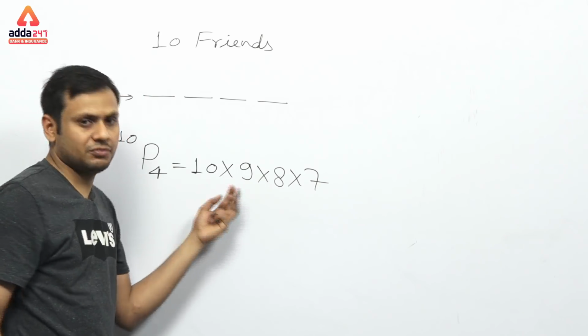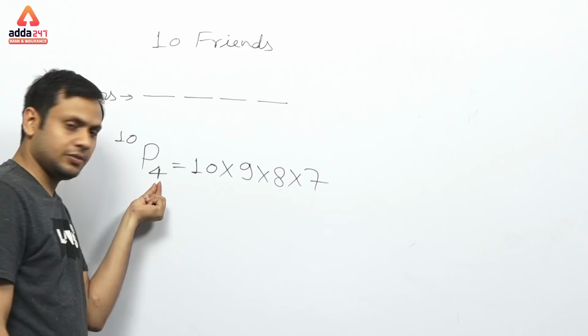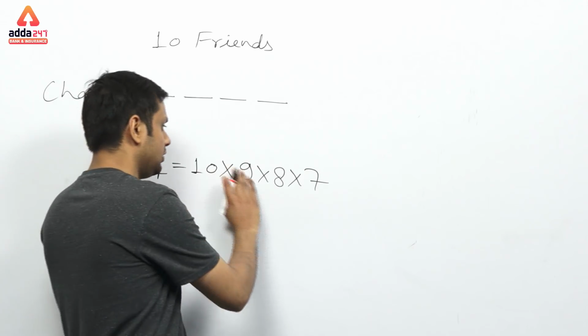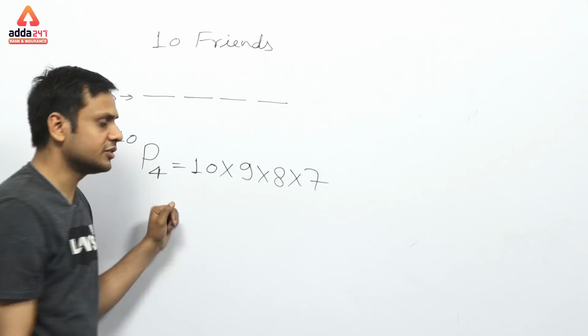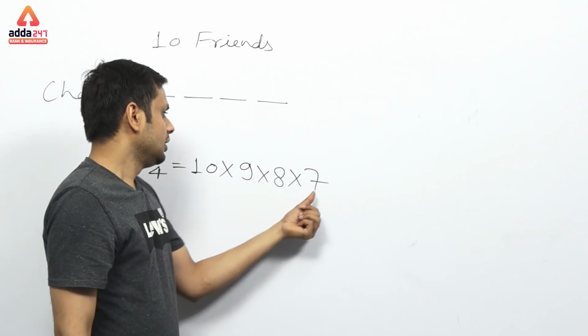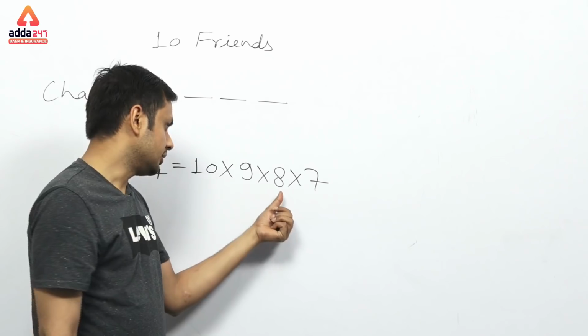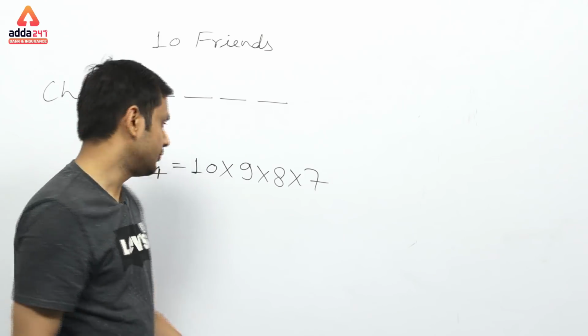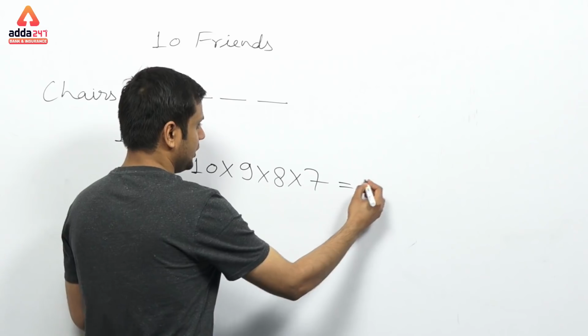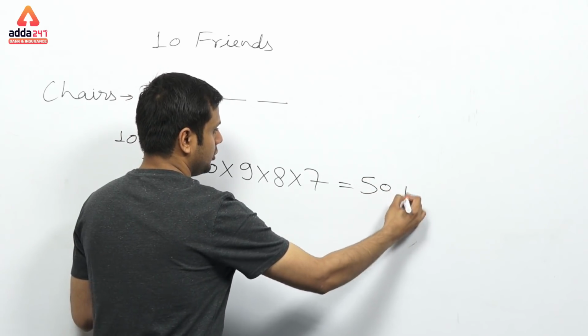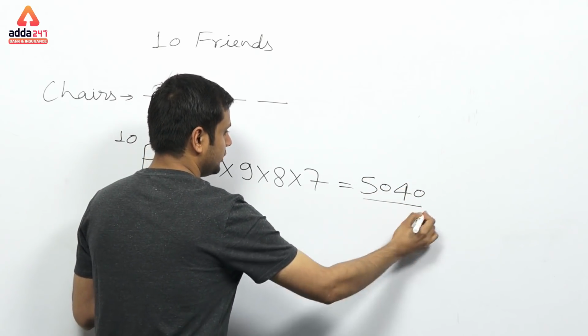That is, 10 into 9 into 8 into 7. Basically we are going in reverse, and we just write 4 numbers. Now let's multiply: 7 into 8 is 56, 56 into 9 is 504, into 10, so we get 5040, right? Hopefully this is clear.